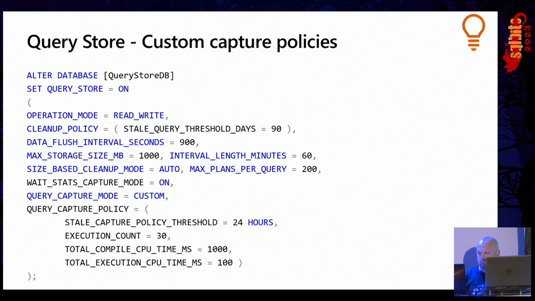So if you have an environment with heavy ad hoc workloads, and you're worried that there could be a high cost of the Query Store capture, you can use custom capture policies to be very selective about what you capture and only pick the most expensive ones, right? Maybe things that have been repeated often or are excessive in any way. So that's what you can do with a custom capture policy.